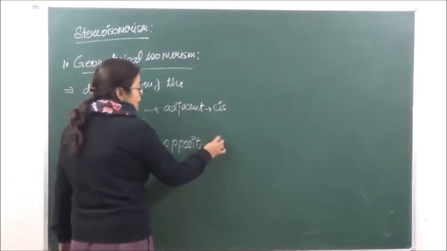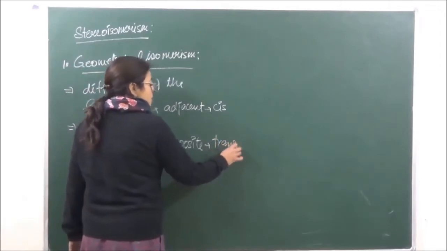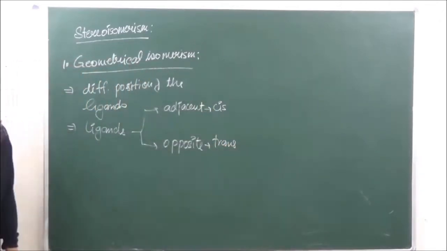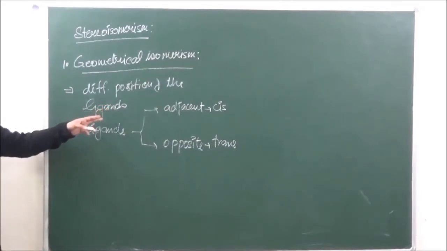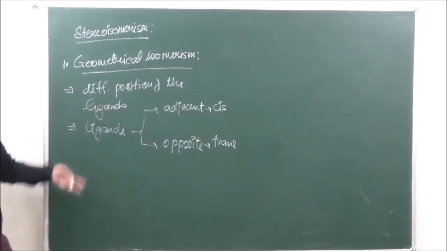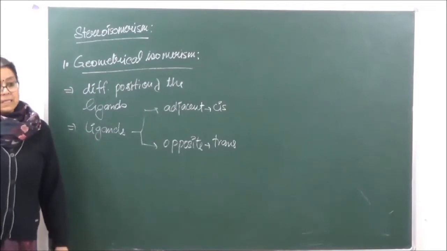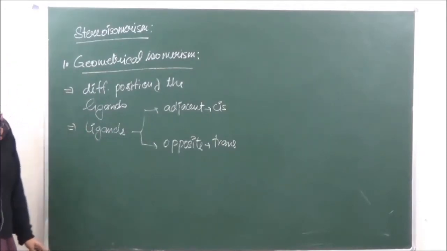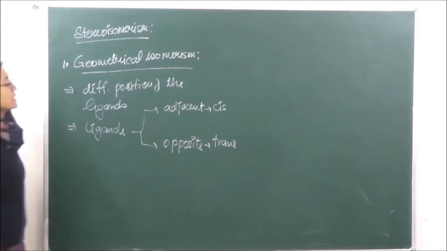And if they are occupying positions opposite to each other, the isomer is known as trans. Okay? Now whenever there are two same ligands at right angle to each other, the form is cis, as I have already told you. If they are at adjacent positions they are cis, and if they are at opposite positions they are trans.